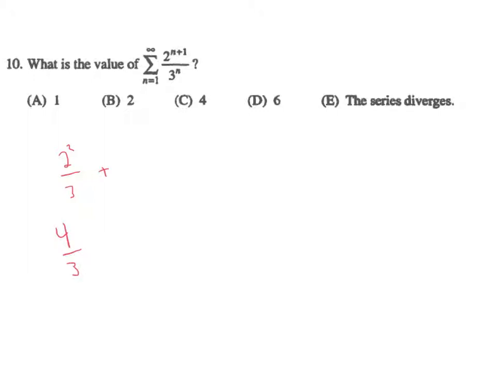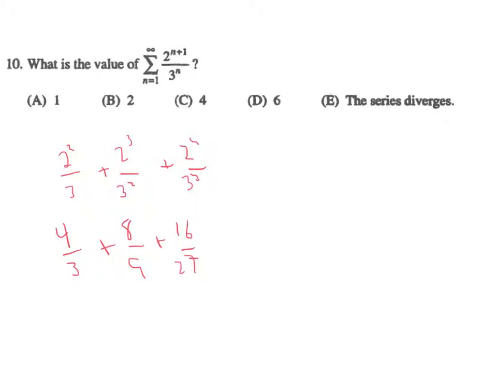When n equals 2, you're going to get 2 cubed over 3 squared, which is 8/9. And then we're going to have 2 to the 4th over 3 cubed, and so that's going to be 16/27.